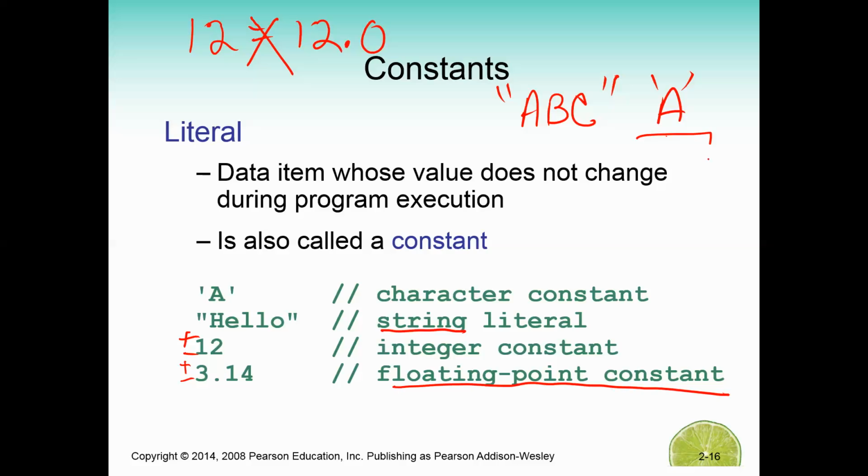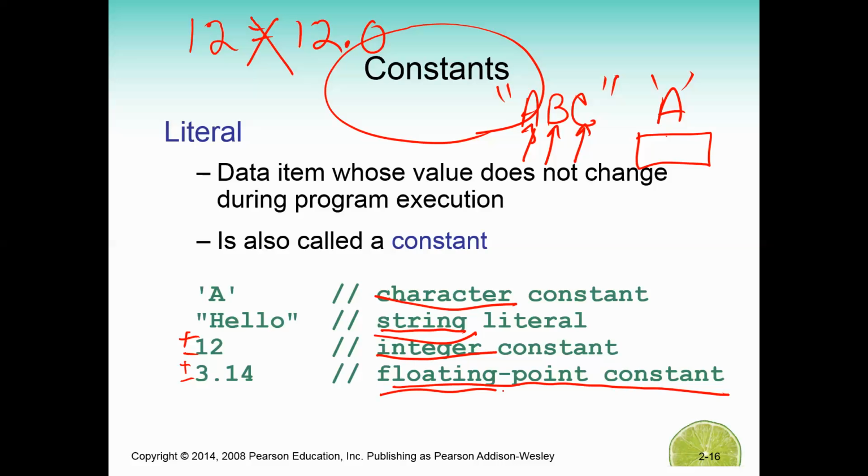When the CPU finds double quotes, it's going to be reserving 1, 2, 3 bytes, 1 byte per character. So the area that is going to be reserved in memory is going to be different. So again, this makes a big difference. If I ask you, what are the types of constants that we can have? We can have a character constant, a string constant, an integer constant, and a floating point constant. There are 4.